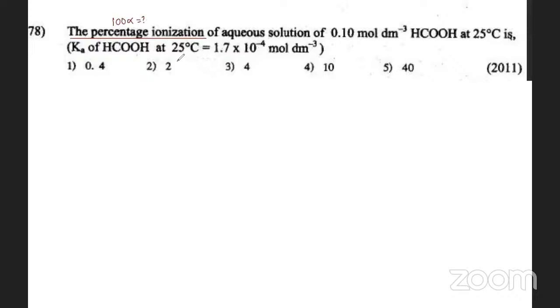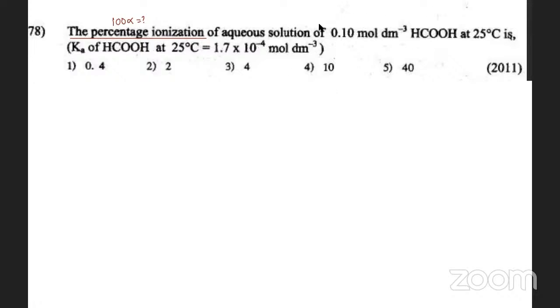The alpha we get is the fraction of ionization, but they are asking for percentage, so we have to find alpha, then multiply it by 100, then only will you get percentage ionization, remember. I see 0.44 and 40, highly likely that one of these is going to be the answer, but let's see.